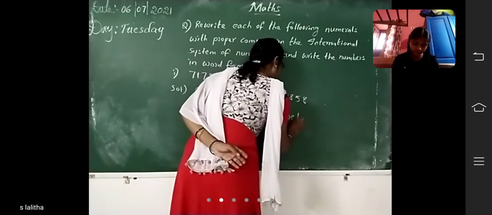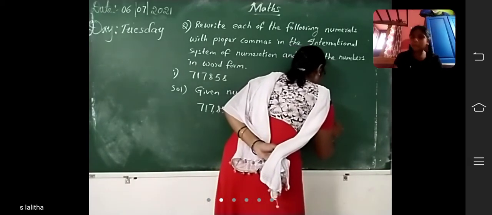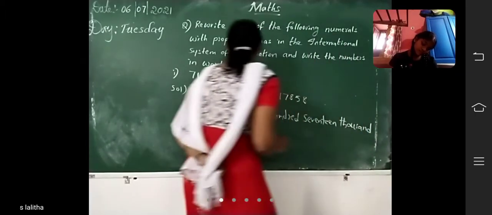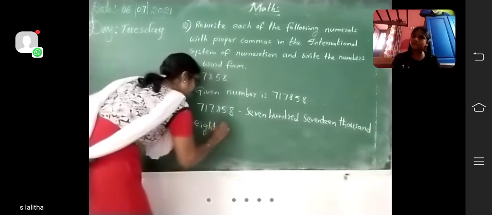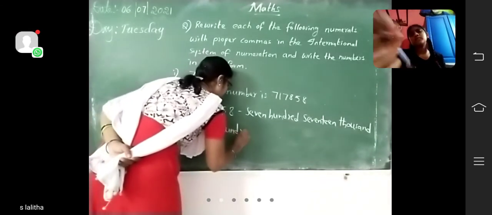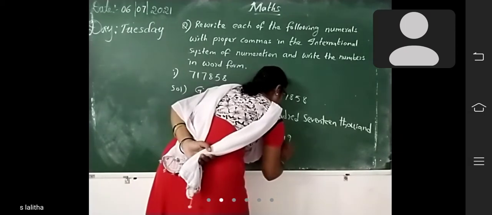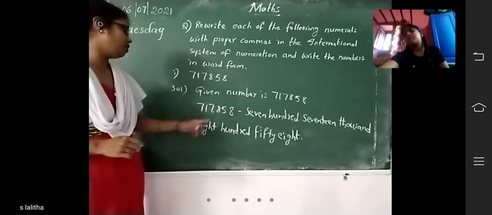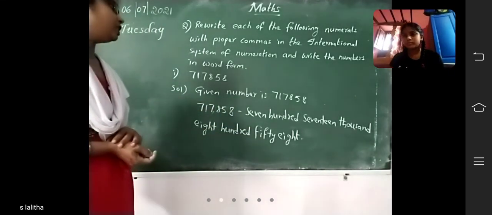700 858. 717,858. Did you understand, children, how to write?